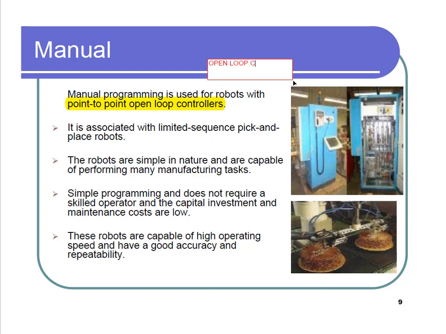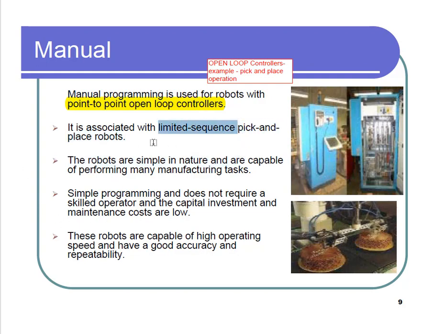So it is a straightforward movement, usually linear, to pick and place, from one coordinate to another coordinate. This can be done by manually programming the movement of the robot. As mentioned in this note, it is associated with the limited sequence pick and place robot. So manual programming is very limited to pick and place movement robots.